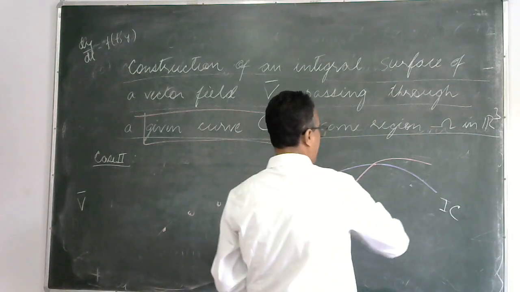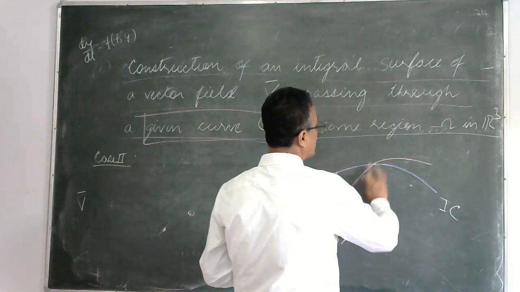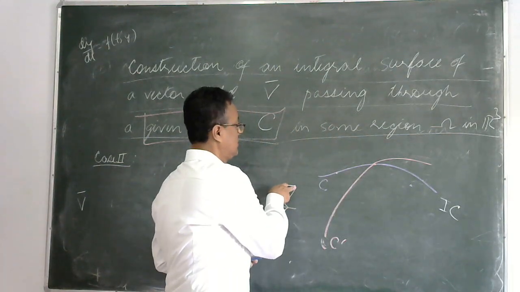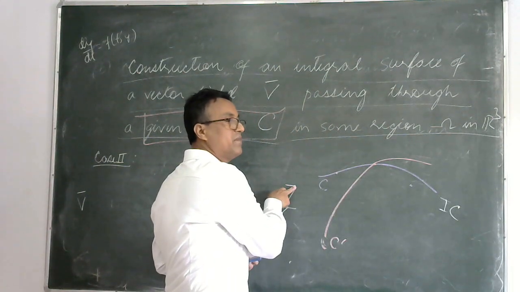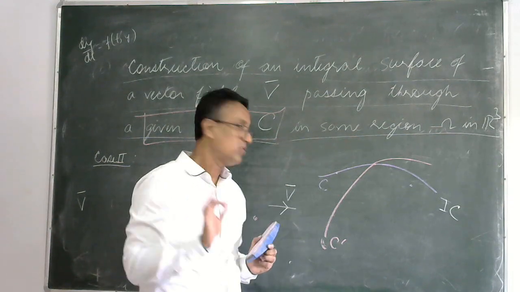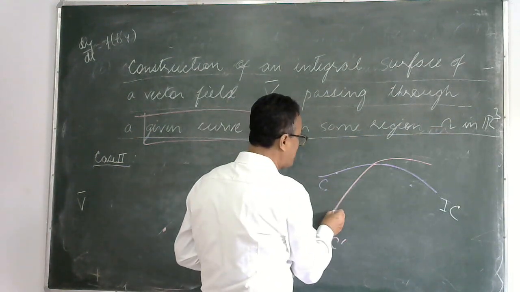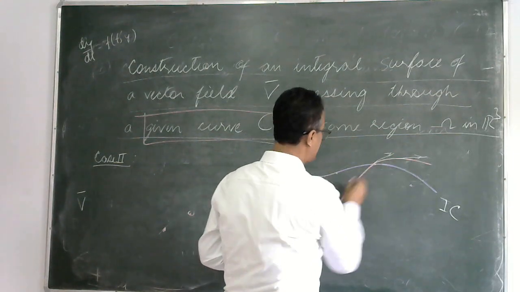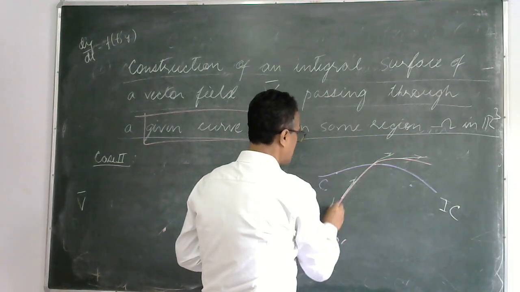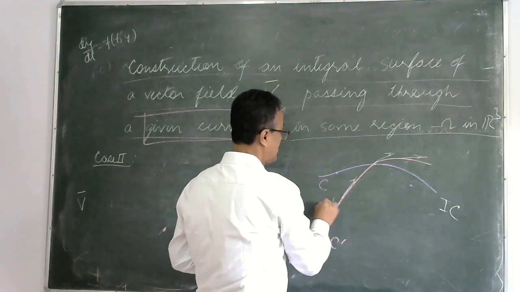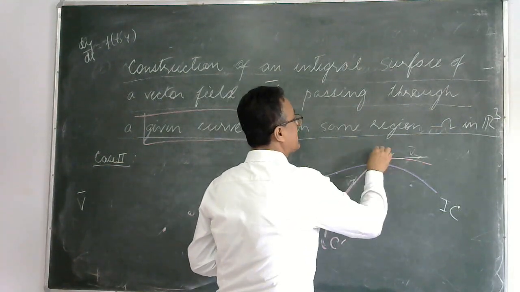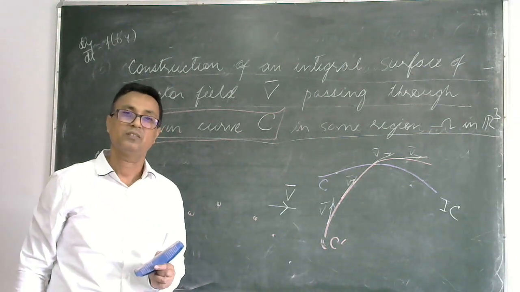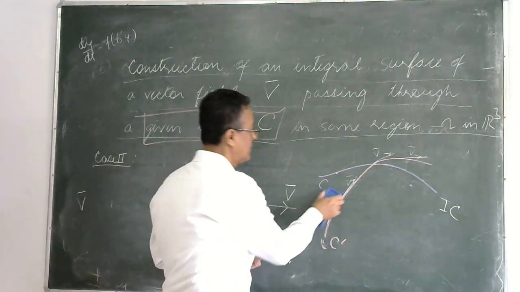That means I am not going to get, at each point here, tangents whose directions are parallel to V. Is it okay now?